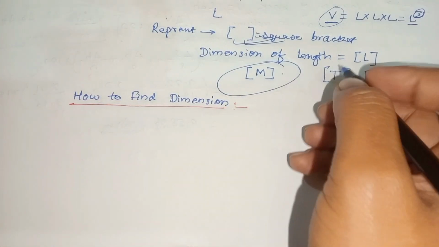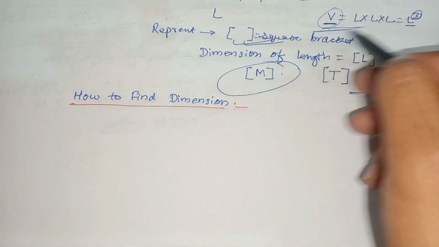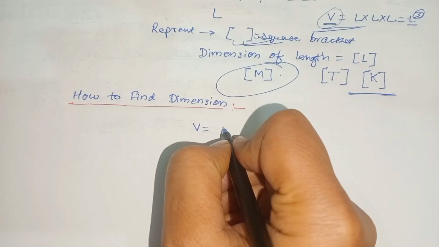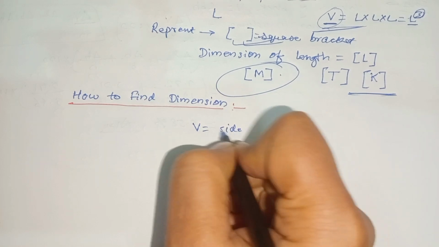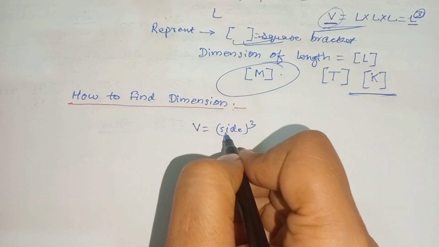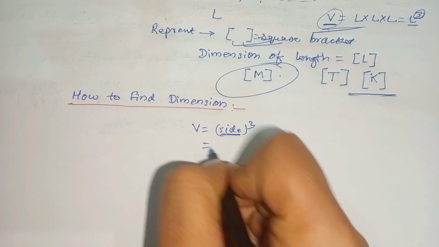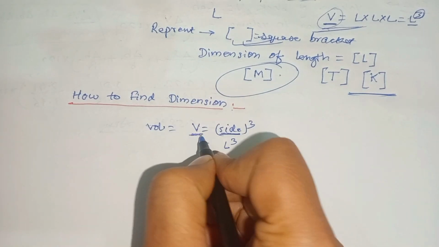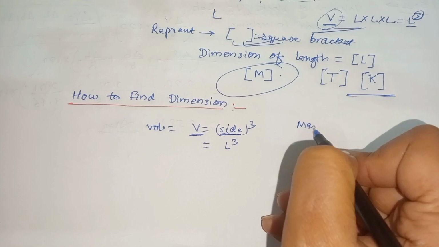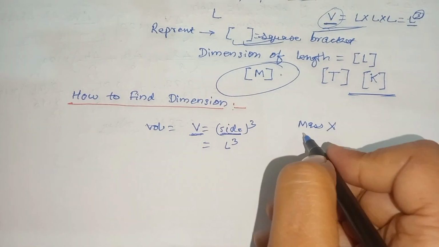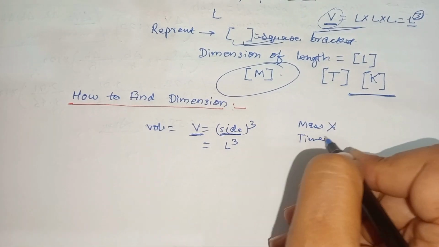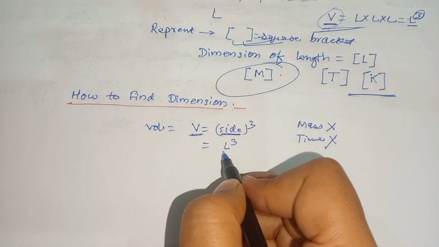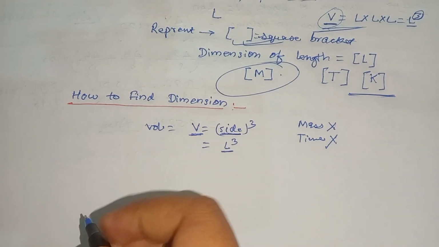In the previous example we saw volume. Volume of a cube is side cube. Side is a length, so it is L^3. Here in volume, does it have mass? Volume has no mass. Does it have time as a governing factor? Volume has no time as a governing factor. It has length only as a governing factor.